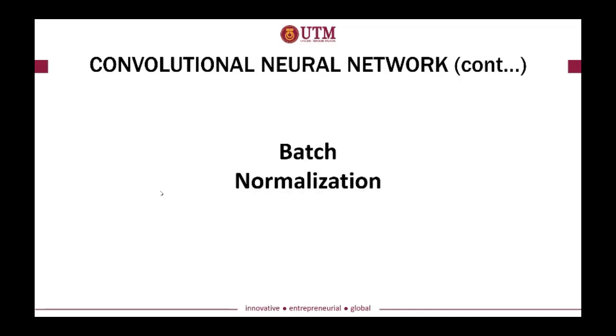Do you remember batch gradient descent? So what is batch gradient descent? When you have a full batch of your data set, let's say this is your full training data set, we call it one batch.